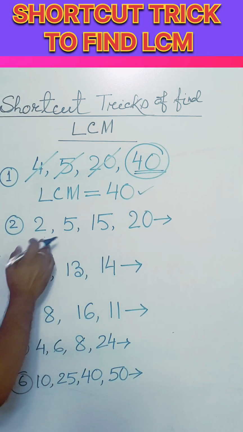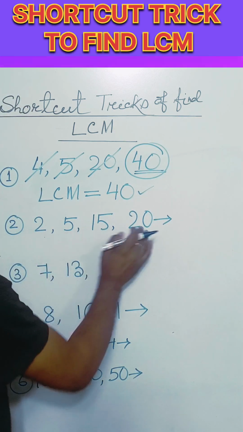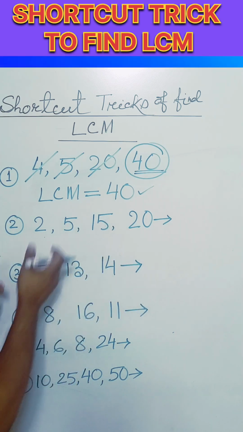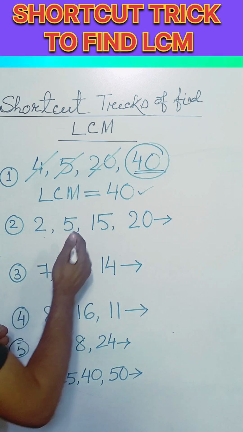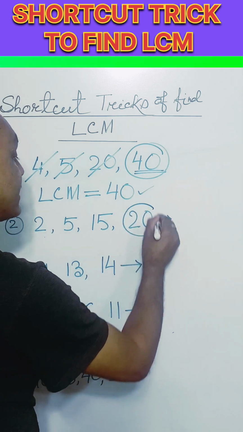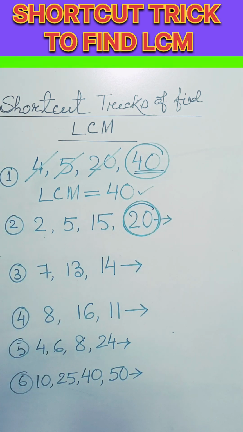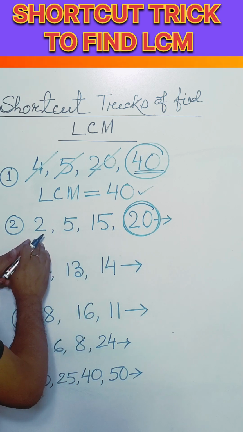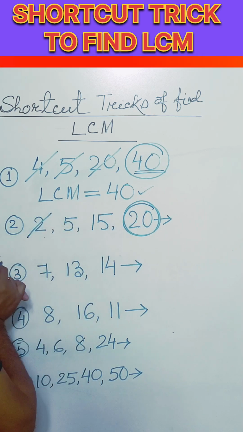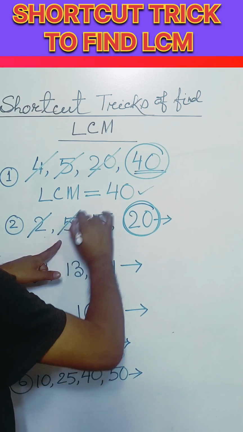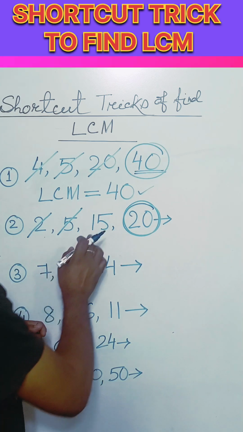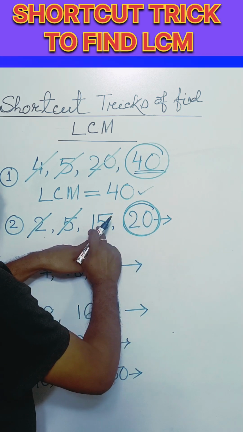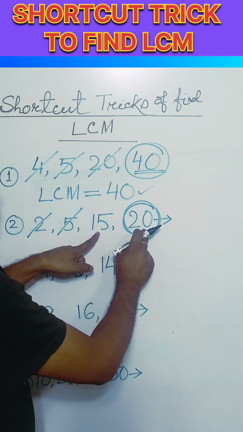Now let's take number 2. Here also 4 numbers are given to you. Similar rule. From these you have to find the highest number. That is 20. Now let us check whether this 20 is divisible by 2 or not. 20 divisible by 2, yes. 20 divisible by 5, yes. Now check the number 15. In the table of 15, 20 is not there.